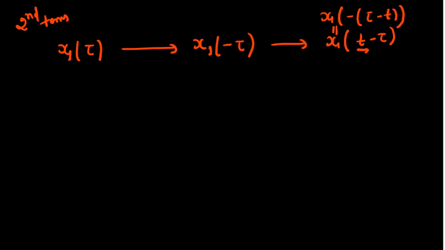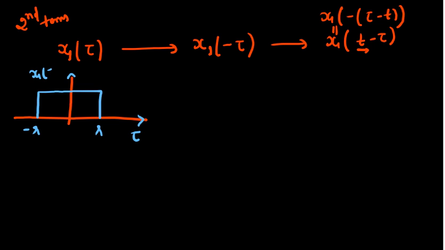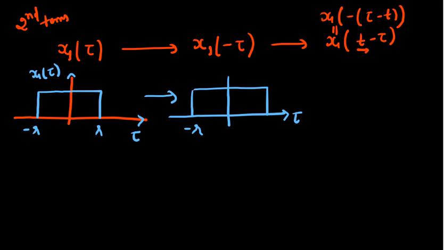So this is your x1 signal. We take its mirror image, and it makes no difference since it is already symmetric about the y-axis, so you get the same signal. This is your x1 of minus tau. Then you shift it by amount t, and you get such a signal.